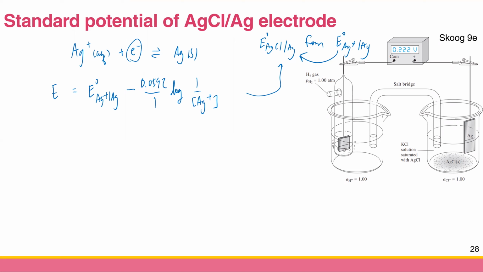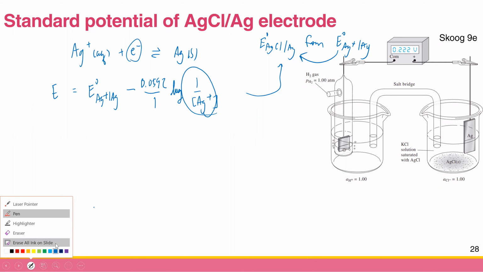What you have to do is change the term in the logarithm. How can we do this? We're going to use the solubility product constant, since we are doing silver chloride.